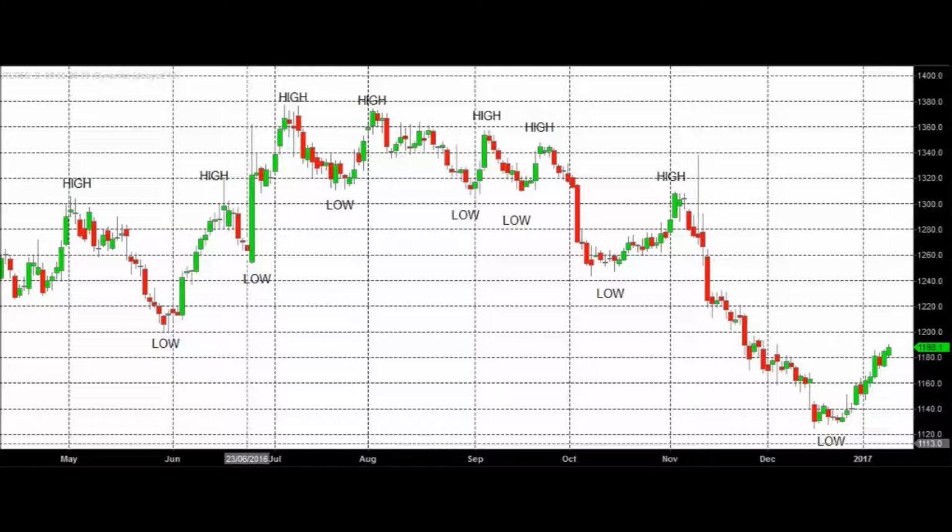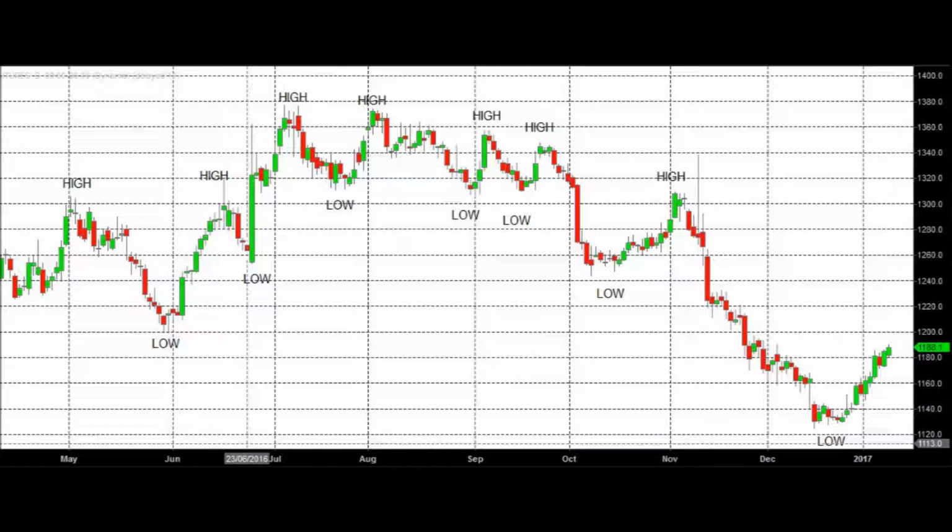So what I've done is I've put the highs and lows on a chart for you, and you can see that from the left we've got a high and a low and a high and a low, high, low, and another high, and this higher highs and higher lows indicates an uptrend. And then across about the middle of the chart you can see that the highs are getting lower than the previous highs and the lows are getting lower than the previous lows.